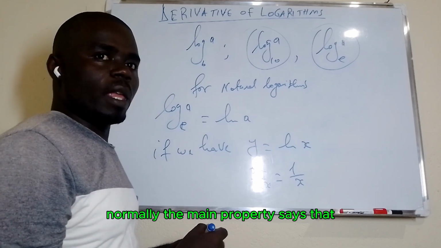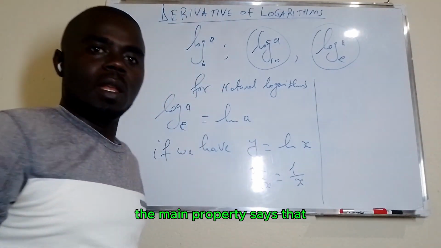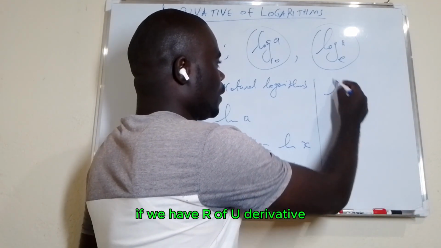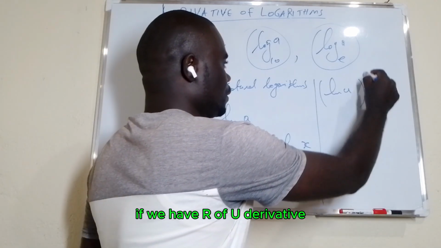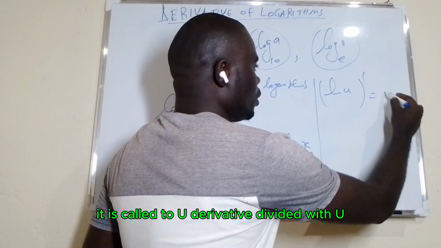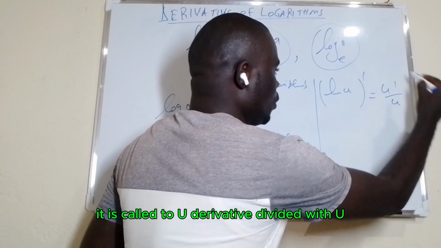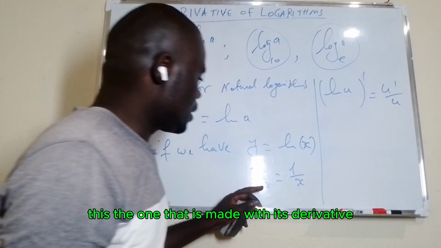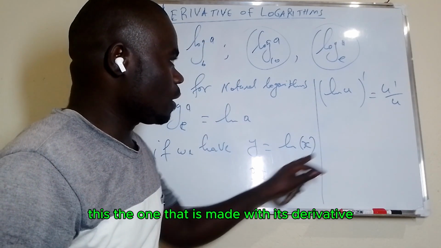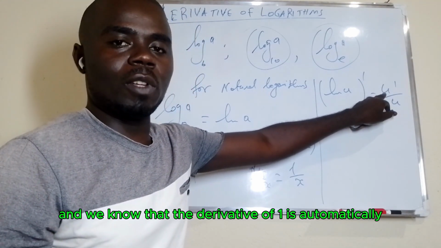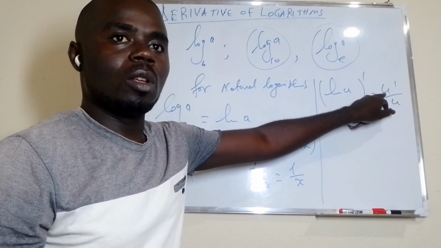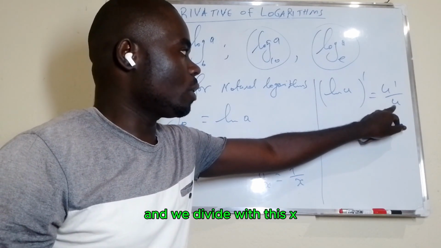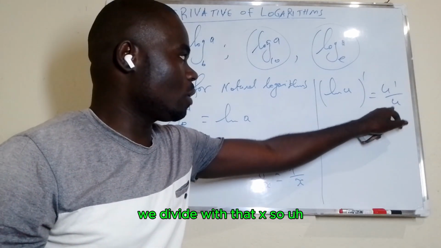The main property says that if we have the derivative of ln of u, it is equal to the derivative of u divided by u. So here u is x, and we know that the derivative of x is equal to 1, and we divide by that x.